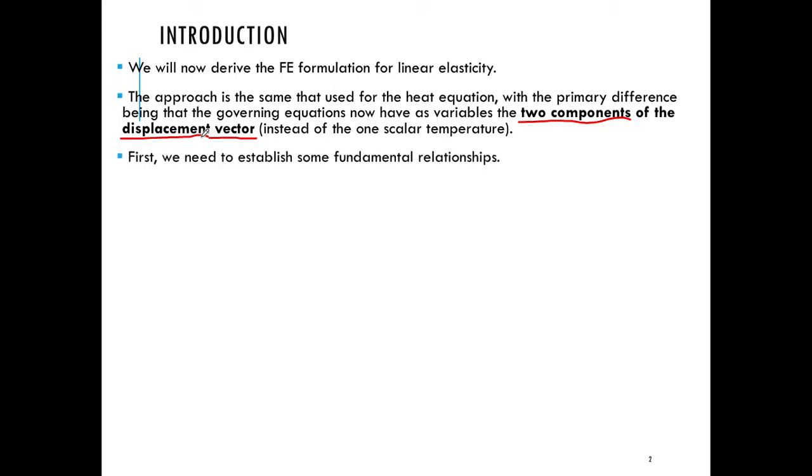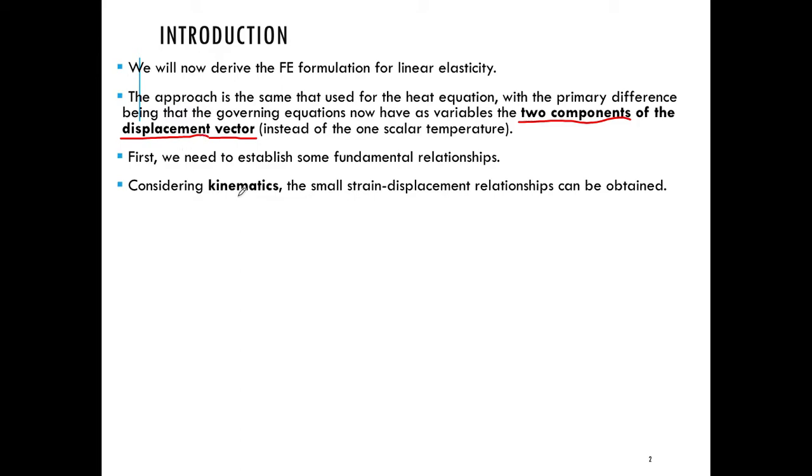The strain-displacement relationship we can derive using kinematics. Kinematics is looking at how a body is deforming in a coordinate system, or in space, independent of what forces are being applied to it. We're just looking at the deformations and the movement of the body.